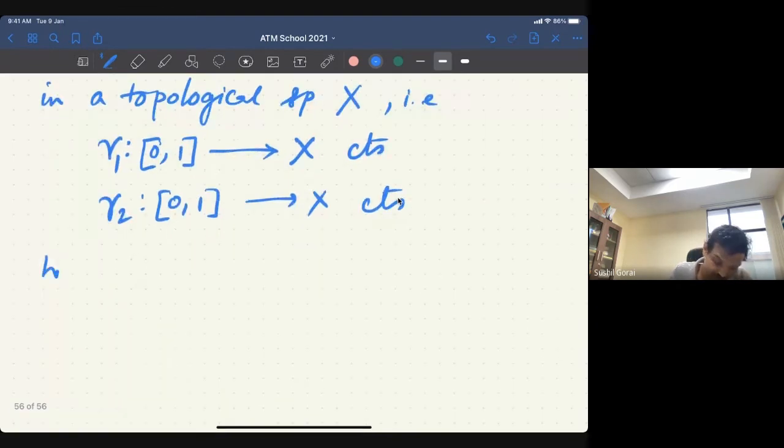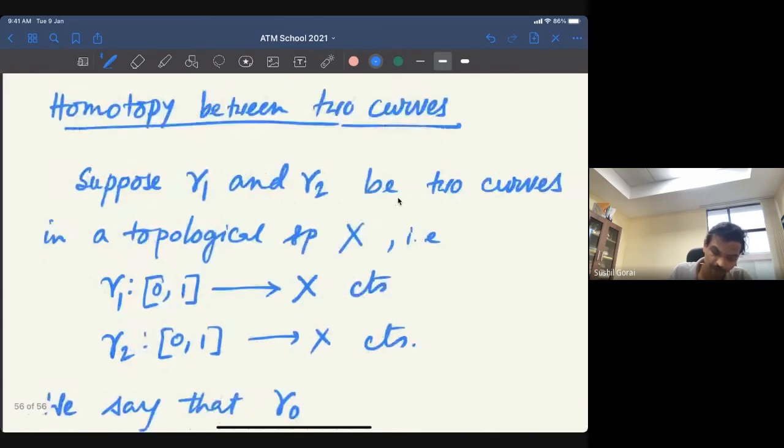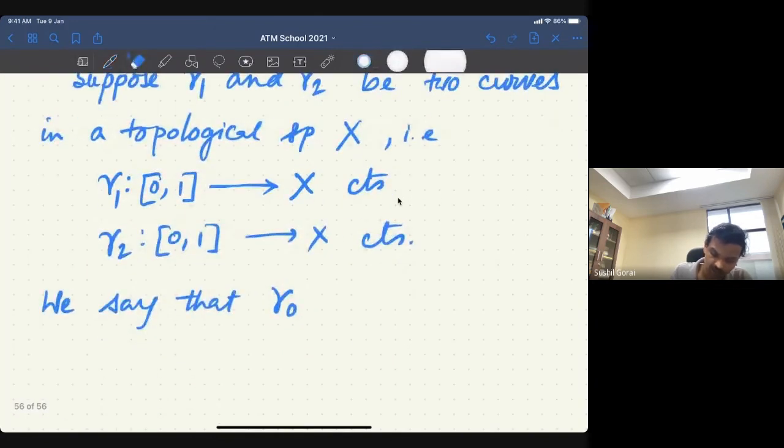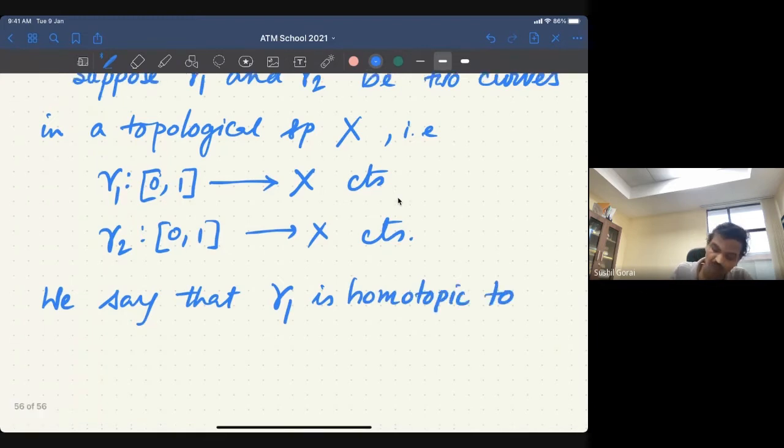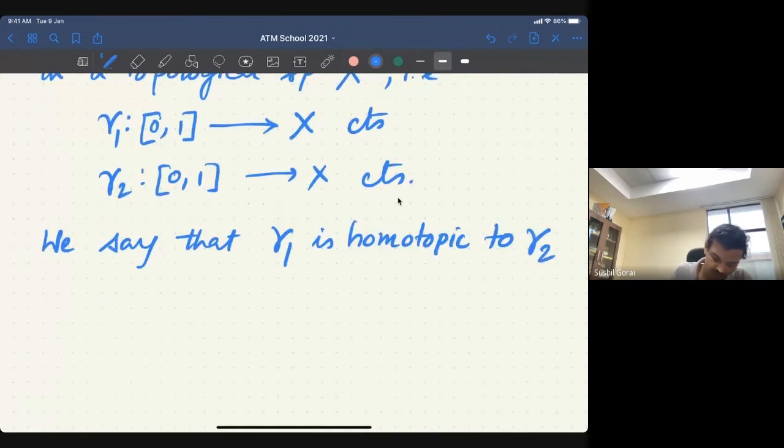We say that gamma 1 is homotopic to gamma 2.